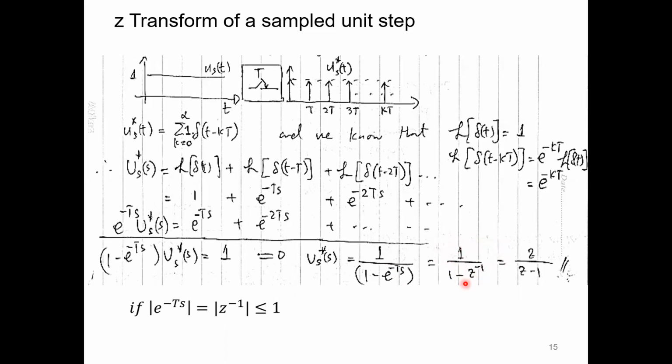And you can write it this way or this way. So negative power of z or positive power of z, by multiplying numerator and denominator both by z, you can convert this to that. All right. So this is the z transform of a sampled unit step. Somewhat easy to remember. z over z minus 1. z over z minus 1. Any questions, please?